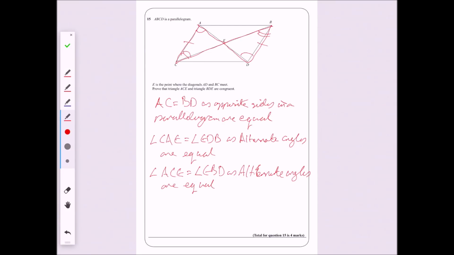Now we just need to finish off with what this means. So triangle ACE is equal to triangle BDE. These are congruent as they are angle side angle triangles, ASA triangles.